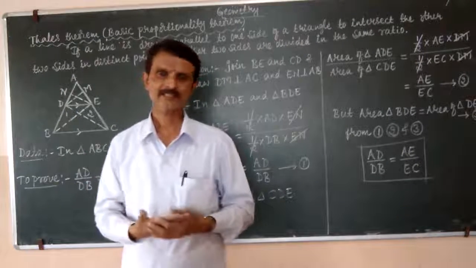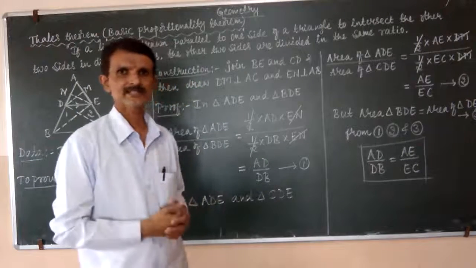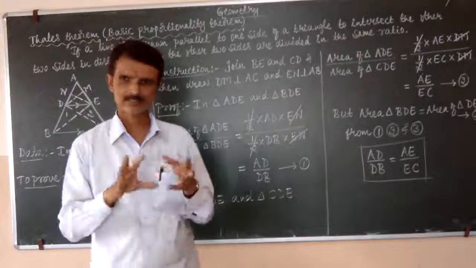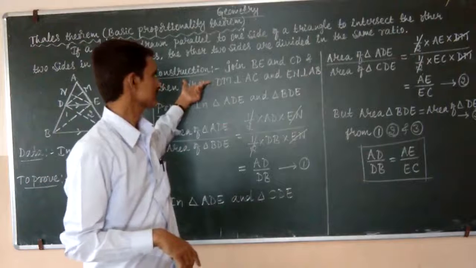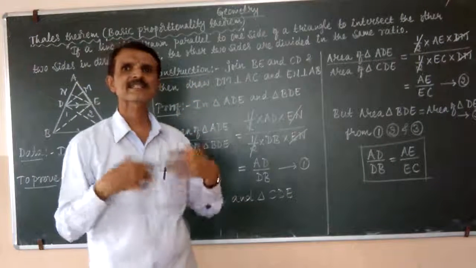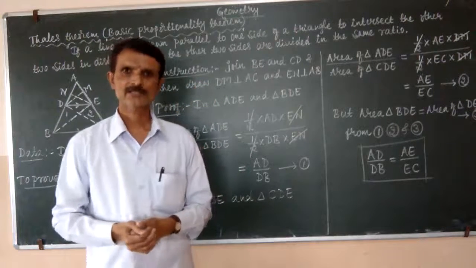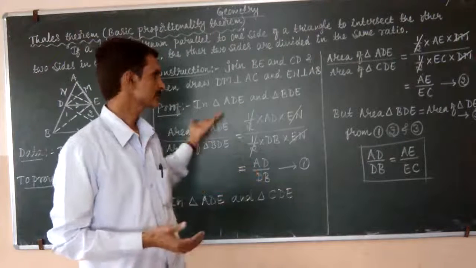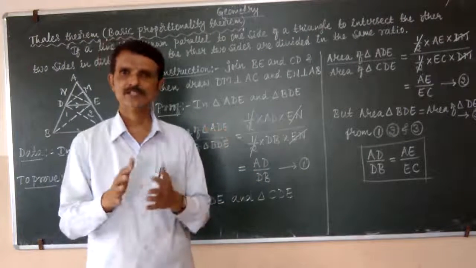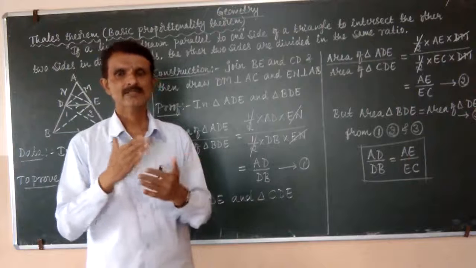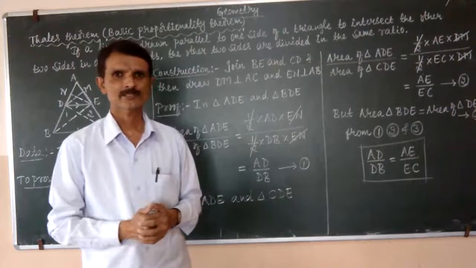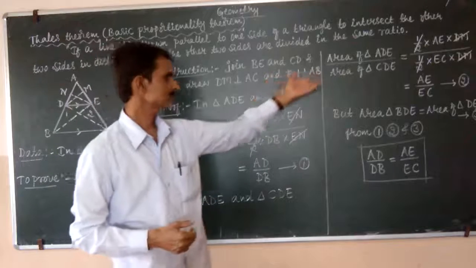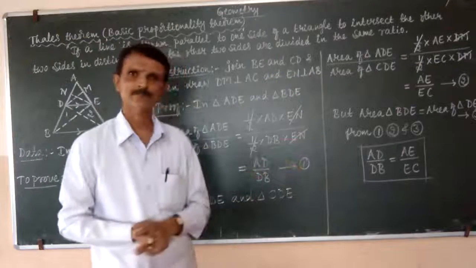To prove the theorem, if we want to make constructions or alterations in the given figure, that is the construction. The last step is proof. In the proof, we are simply comparing the areas of the two triangles. After simplifying, we will get the proof.